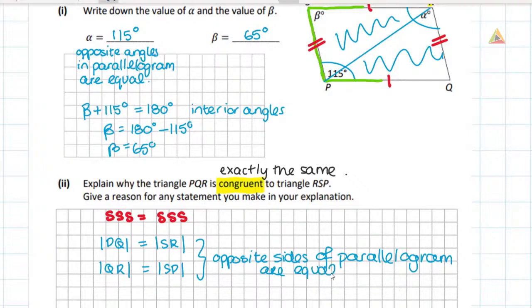So opposite sides of a parallelogram are equal. So I've proved that two sides of these two triangles are equal. The third side of both triangles is this distance that we've drawn in here that goes from P to R.